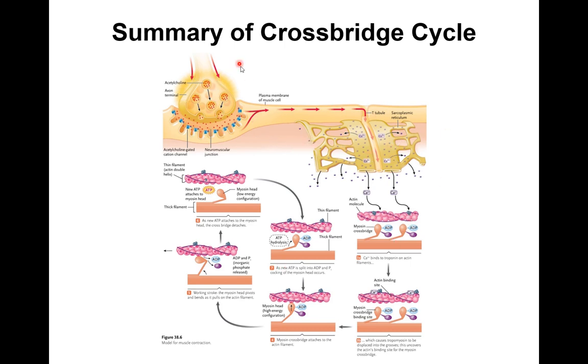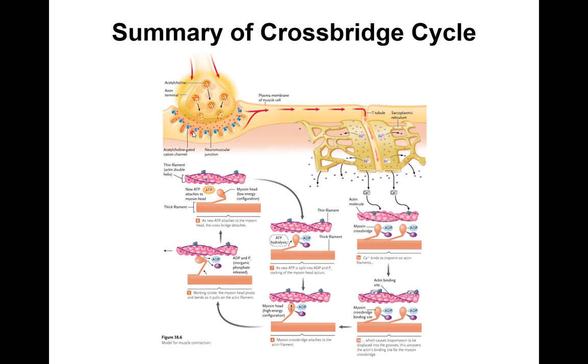So what we have is the stimulation of a muscle fiber, again, several muscle fibers, several multinucleated cells in skeletal muscle. Each one of them is controlled by a specific synapse here, the neuromuscular junction. So at this neuromuscular junction, you have release of acetylcholine when this contraction has to be stimulated.